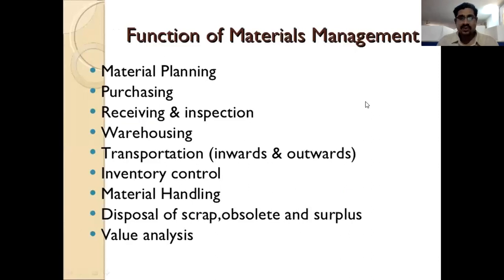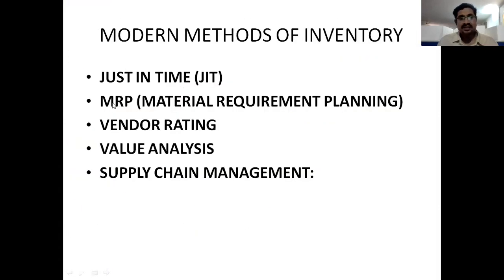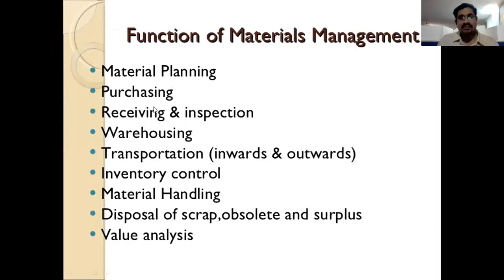Right? Coming to the next point, functions of materials management. Materials management means inventory management. First, materials planning, as I already told you, how many materials we need to have to meet the customer demands. Next, purchase means purchasing the materials. And next, receiving and inspecting the materials.